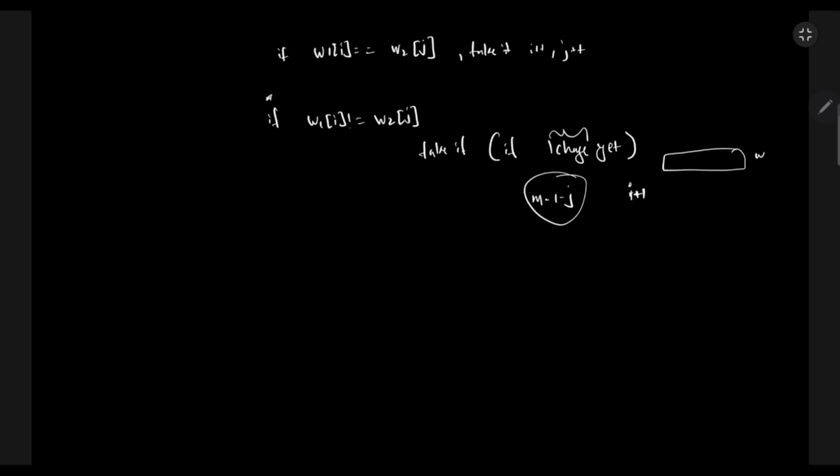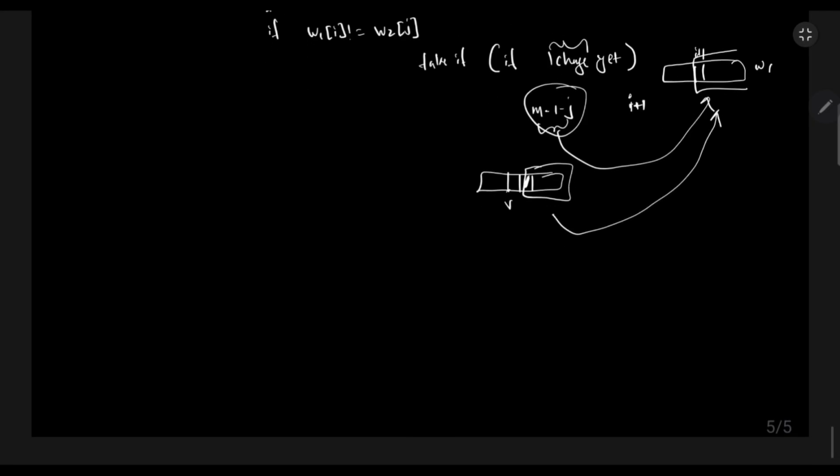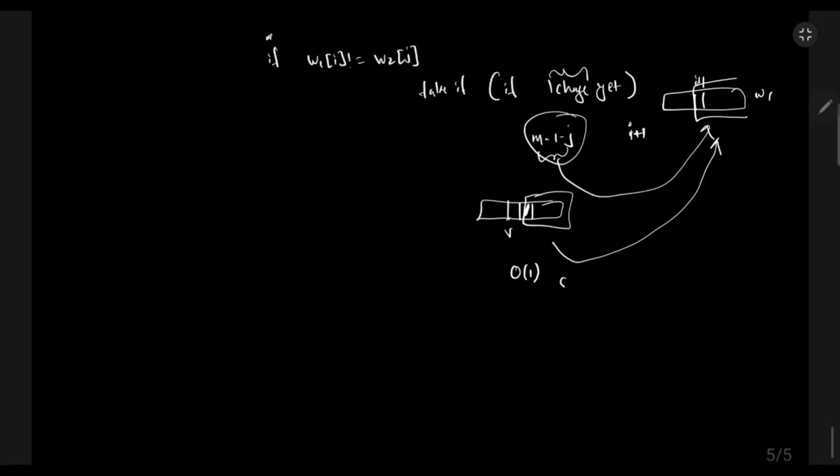That is, word2 from j plus 1 should be completely present in word1 from I plus 1. And we can check this in big O of 1 time complexity by just checking if suffix of I plus 1 is greater than or equal to m minus 1 minus j. It means this is completely in this one, then we can take it, right?